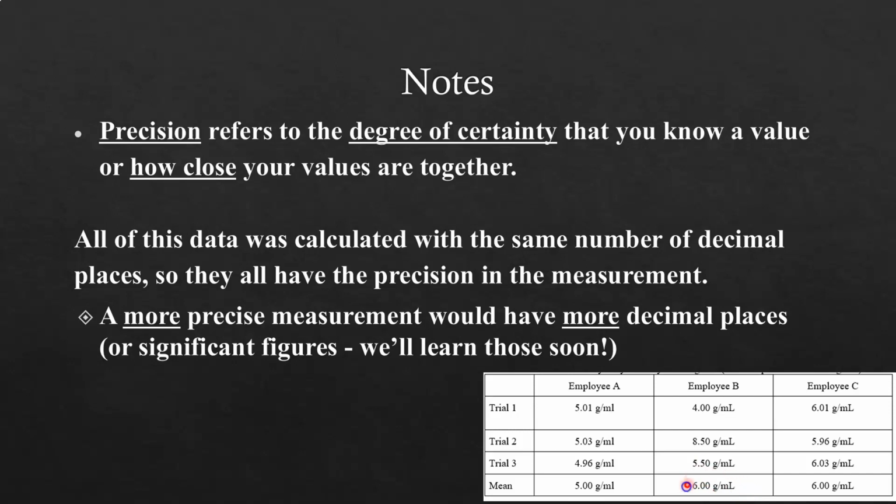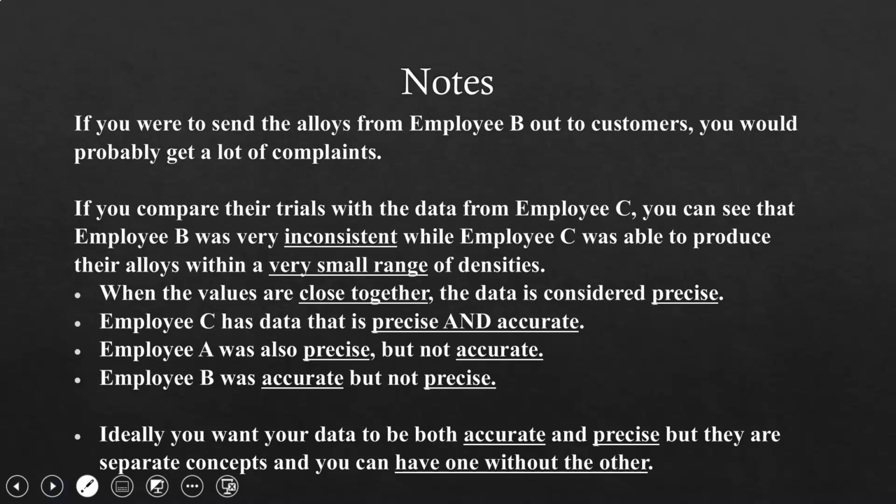Yes, their average is accurate, but their procedure and their method is very imprecise. So we would compare the data from C and B, and you see that B is very inconsistent. As we saw, 8.5 to 4 was their range, while employee C was able to produce their alloys within a very small range. They are all very close to each other.